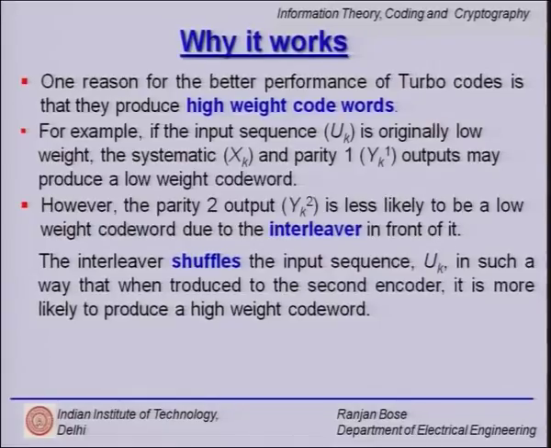So, interleaver 2, which feeds the second encoder for the parity, will result in a different kind of output bit stream. So, let us look at it in a slightly more detailed manner.